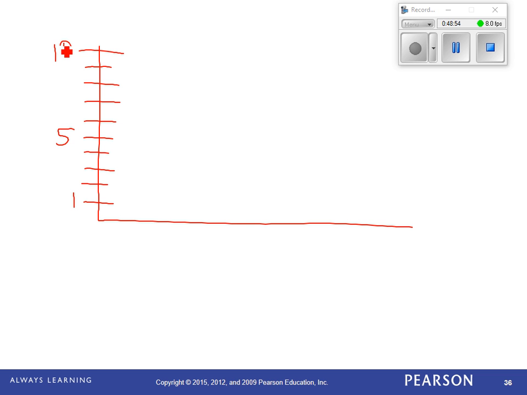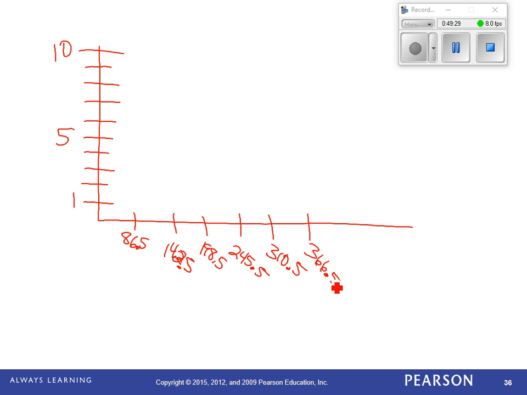Along our bottom, that's where we want our midpoints. 86.5, 142.5, 198.5, 245.5, 310.5, 366.5, 422.5.